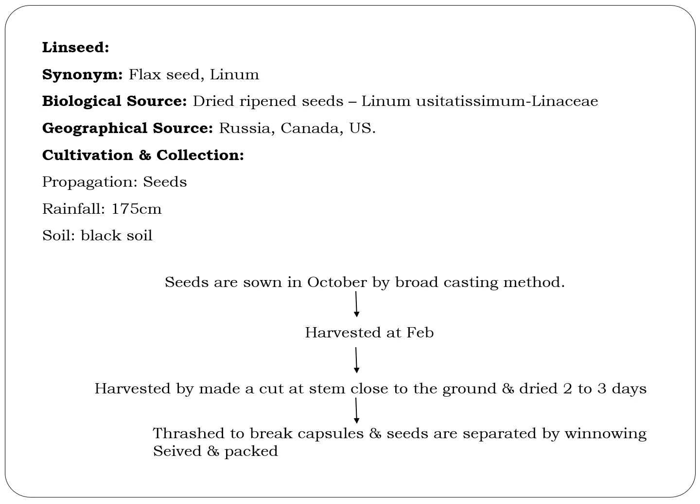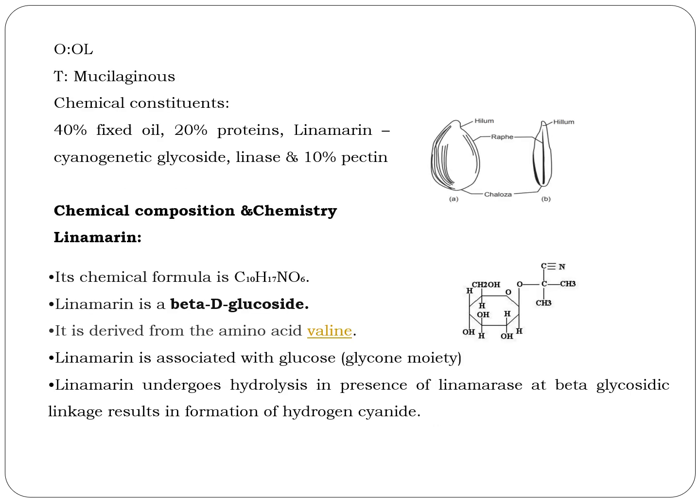The seeds were collected by threshing so that the capsules were broken apart. The seeds, after collection, are separated by winnowing, sieved and packed. The seeds are odorless, and the taste is mucilaginous.